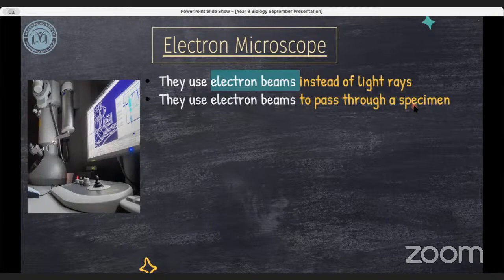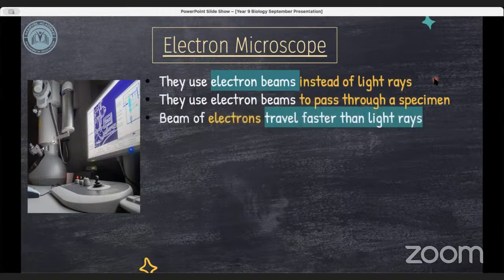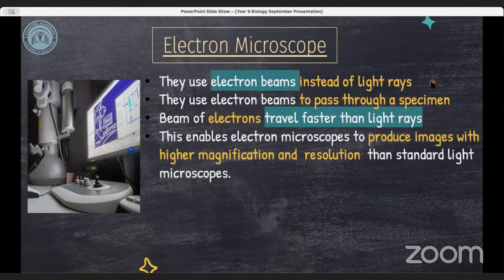So here, children, these electron beams will go through the specimen. That's why we can't use live cells, because most of the time the cells will be dead. It is usually tested in a vacuum, right? The sample is placed in a vacuum environment.